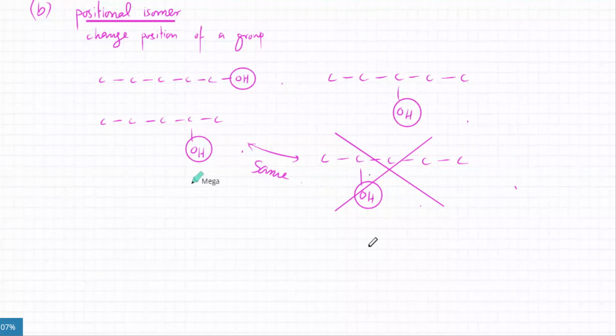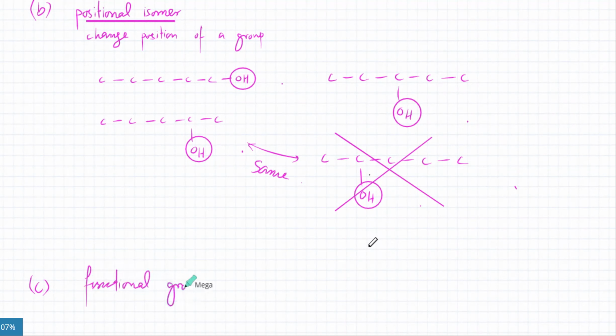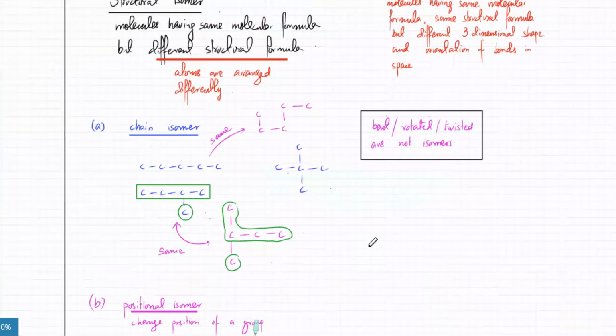Yes, sir. So the third one is known as a functional group isomer. What you can also do is change the functional group. Remember what an isomer was?